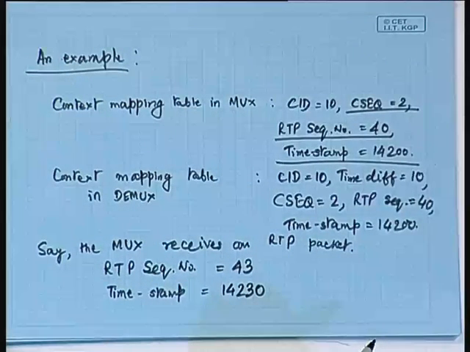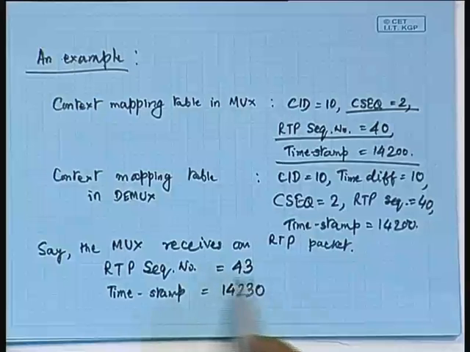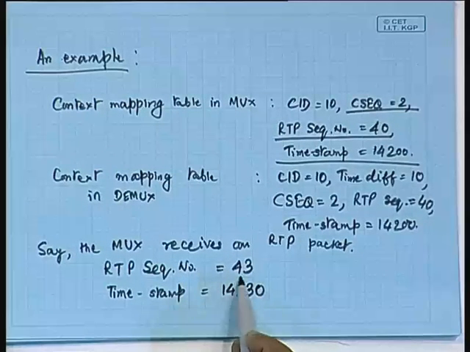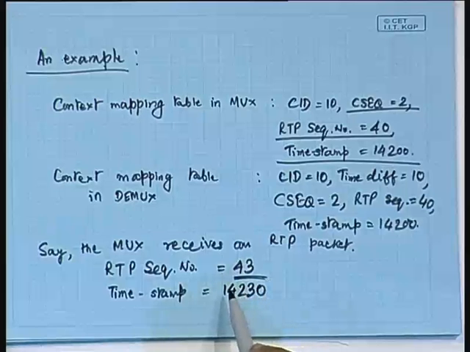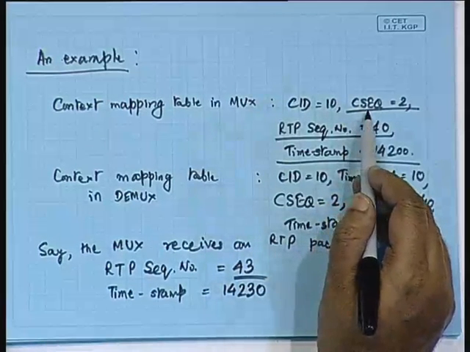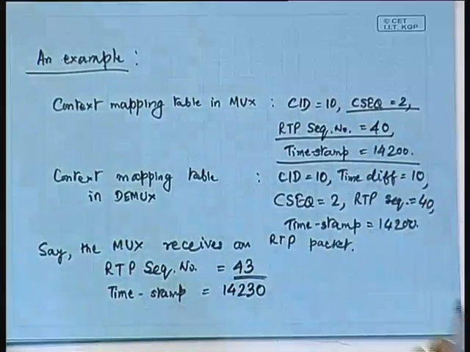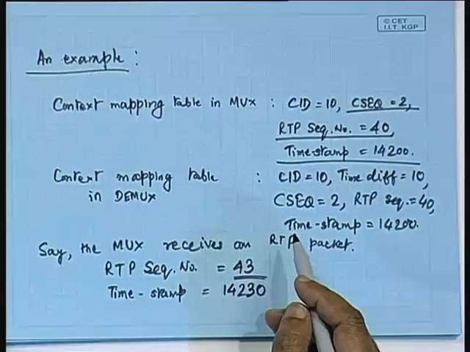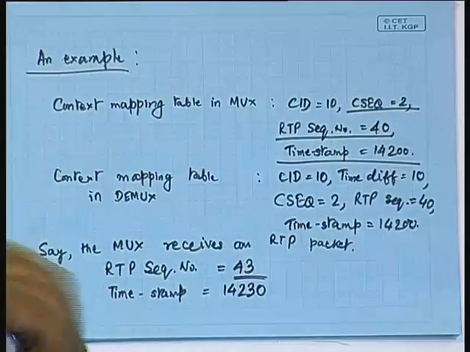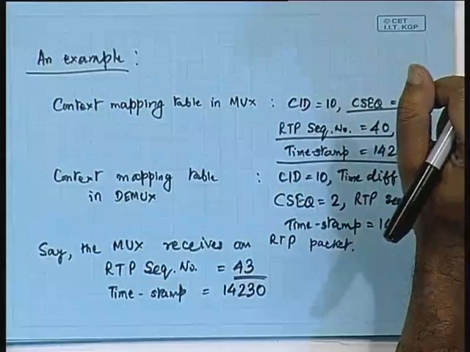Now it cannot send the RTP sequence number of 43; instead it has to send a C sequence to the stream. So the compressed header has to contain a C sequence value. What is the C sequence value that will be used there?